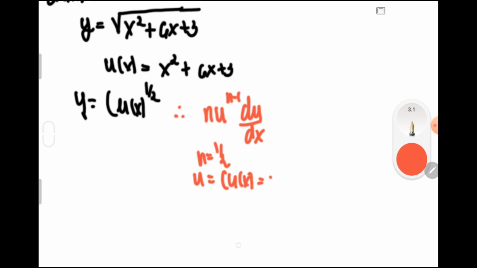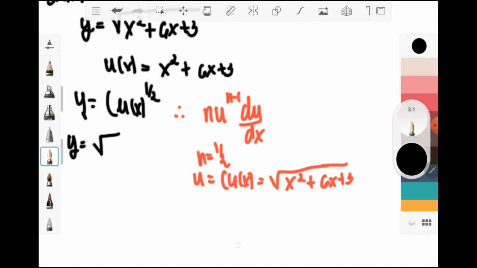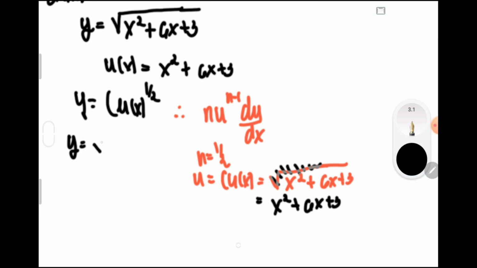Okay, so we'll remove the square root here. So our u of x will be equal to x squared plus 6x plus 3. So y is equal to x squared plus 6x plus 3 raised to 1 half.